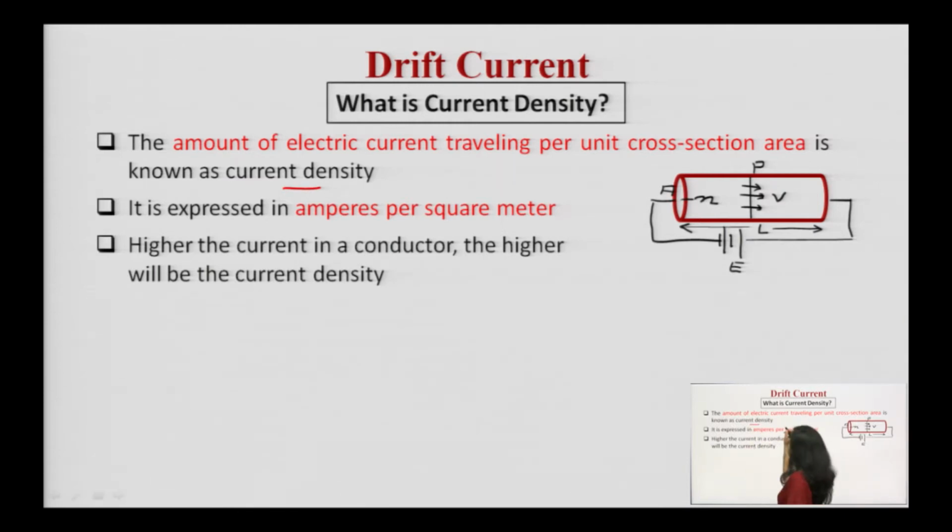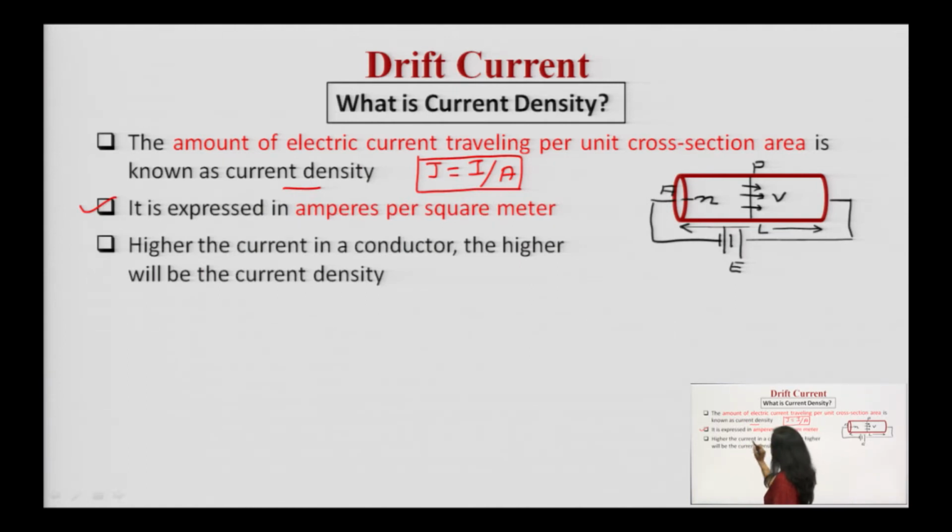It is denoted by J. Mathematically, current density can be written as I upon A. What would be the unit? I is in amperes and A is in square meters, so it is expressed in amperes per square meter. This is the unit of the current density.